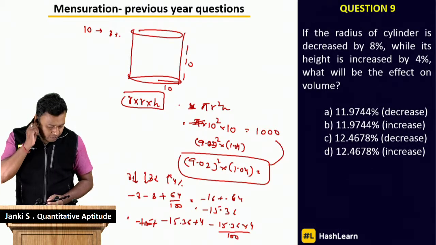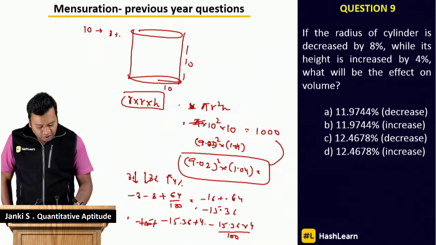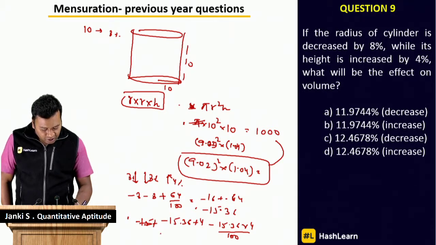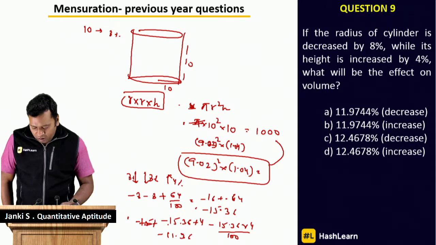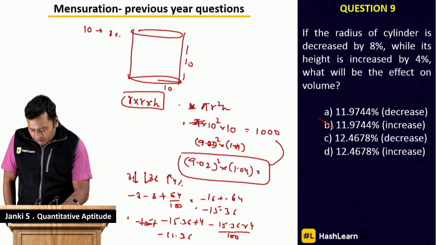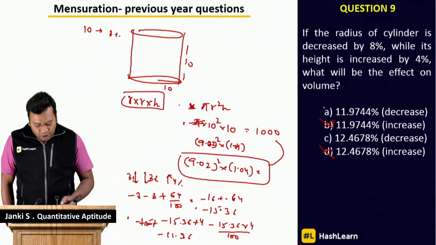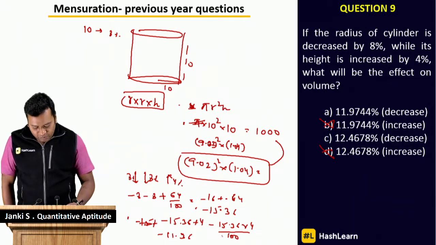So let's calculate this part minus this part. If we subtract, it's already minus 11.36. So I'm already on the reduction. Increase is ruled out. Now I have to work on these two values, and let's work on 15.36 by 100.